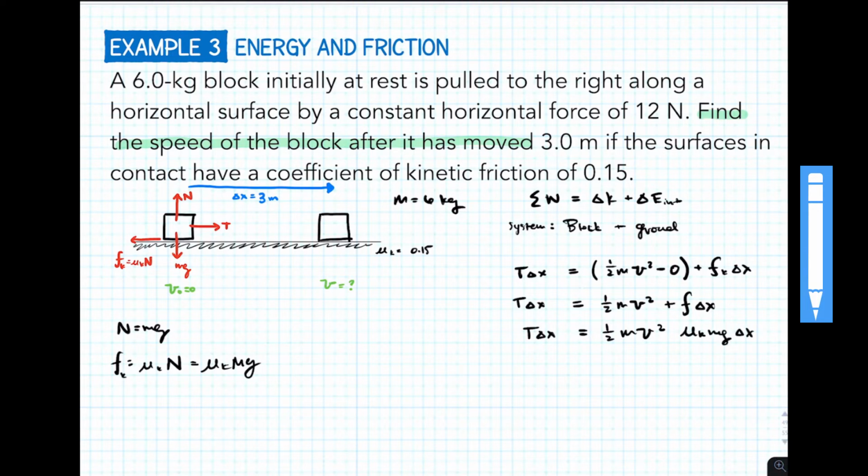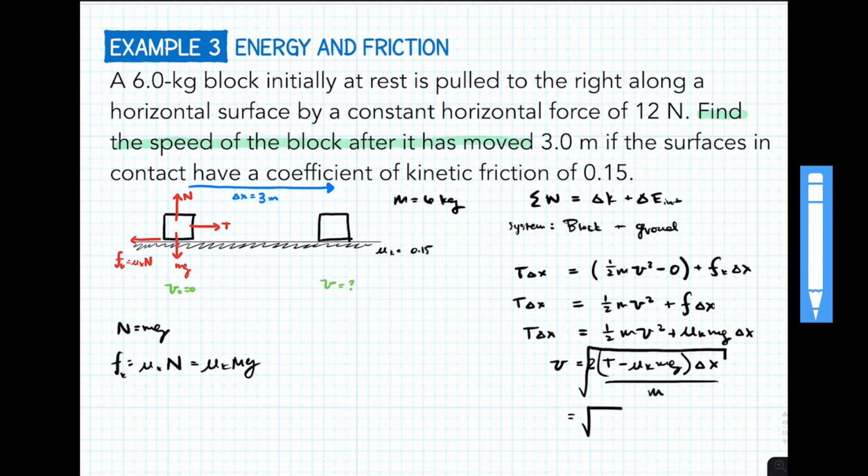So we solve this for v. So v is going to be the square root of 2 times (T minus mu k mg) delta x, divided by mass. Okay, so we can sum this up by plugging in our numbers.